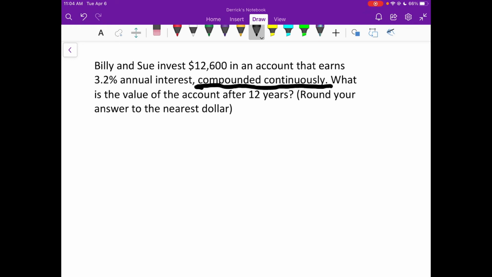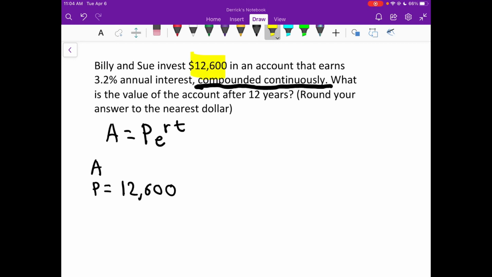Because it says compounding continuously, that means we are going to be using the second formula of A equals P times E to the RT. Meaning, we only need 3 values out of this equation to be able to solve it out. So we are not given a final amount, but we are given an initial amount of $12,600 that we're told they're investing.